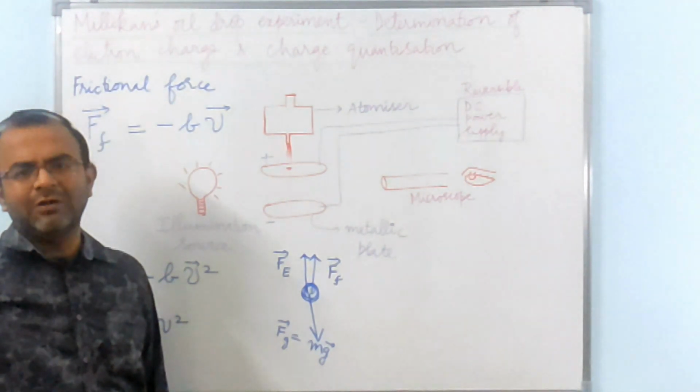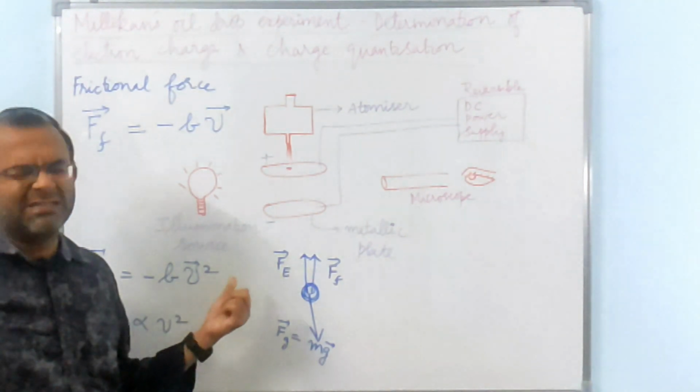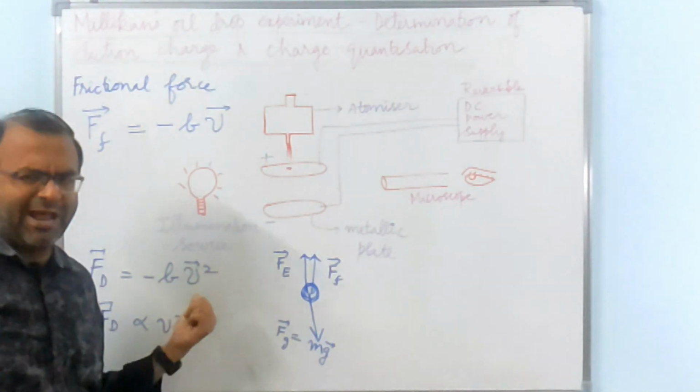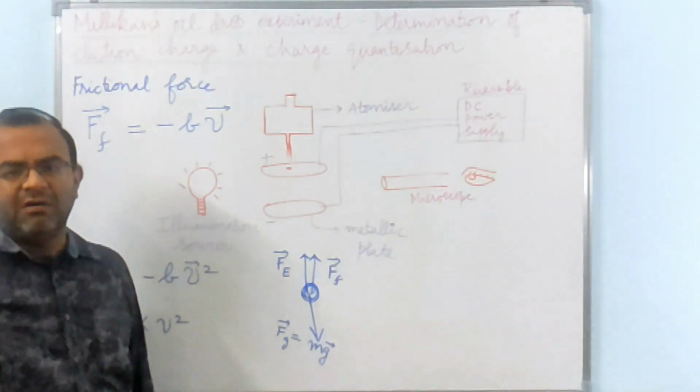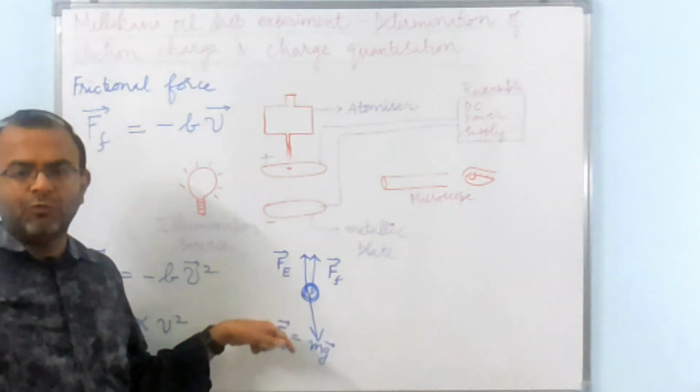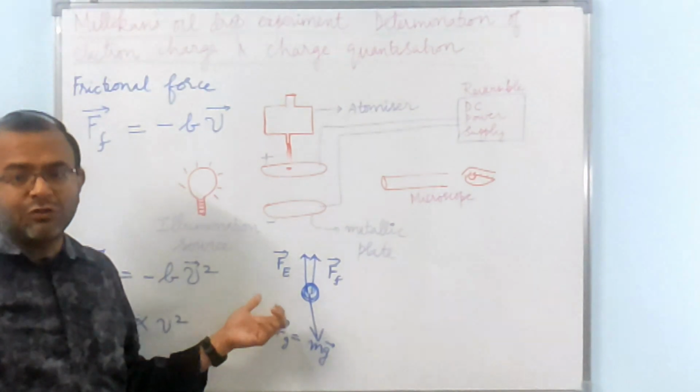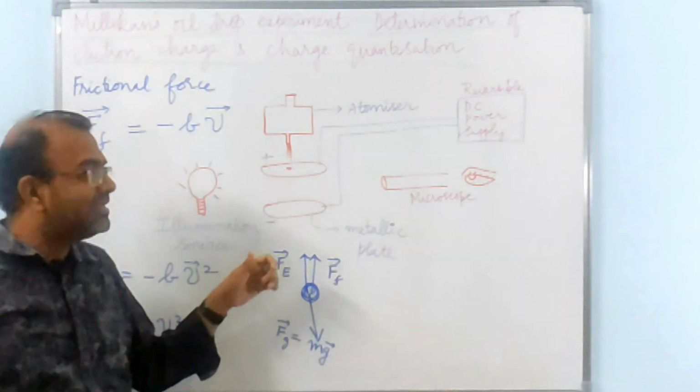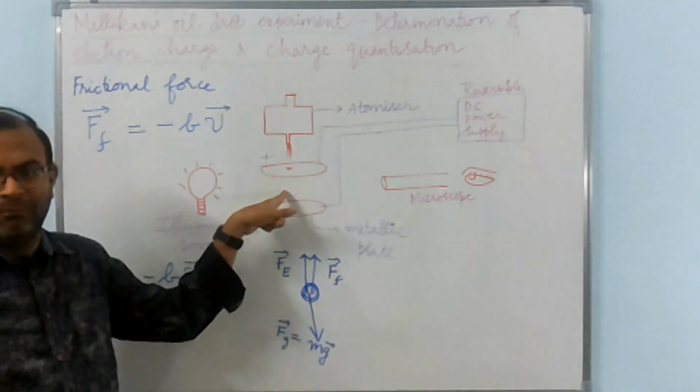The buoyancy on the oil drop is neglected for this calculation since it is very small compared to the drag. When the two forces, namely the upward electric force and the downward gravitational force, are equal, the oil drop can be held at rest between the plates.